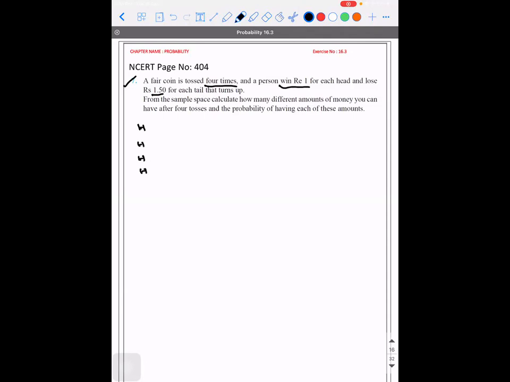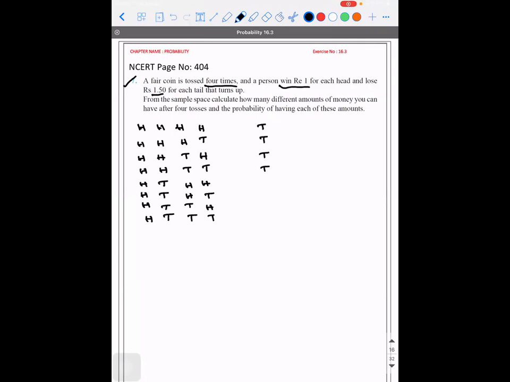Head, head, head, head, head, head, head, head, head, head, head, head, tail, tail, tail, tail, head, head, tail, tail, head, head, tail, tail. Okay.